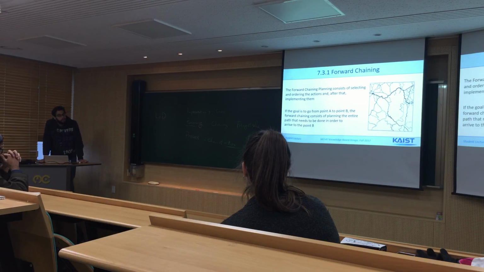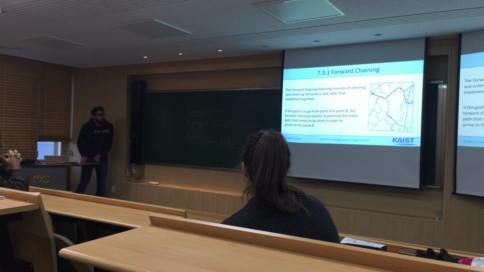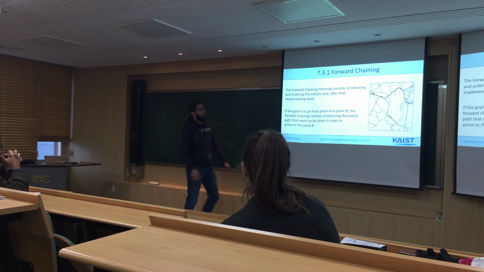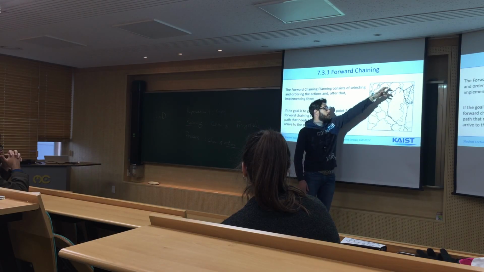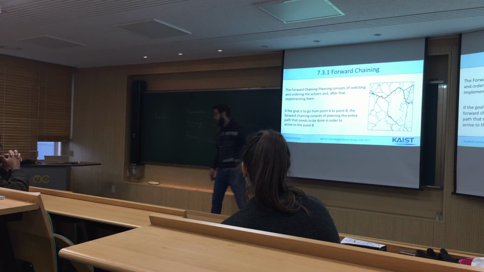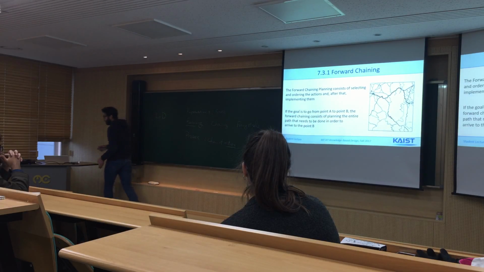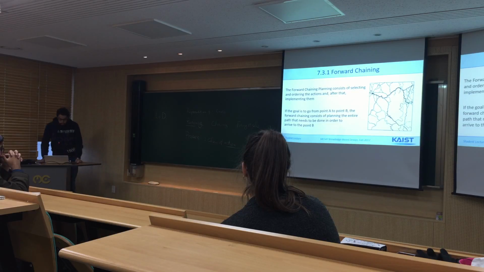So basically, as you can see in the figure, we start from point A, and our goal is to reach point B. What we do is plan the entire path. We say we want to arrive here, so we have to go here, here, here, and when we plan all the points, we make the whole path until the goal.